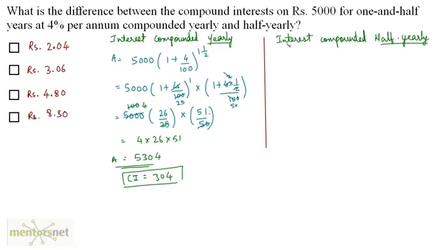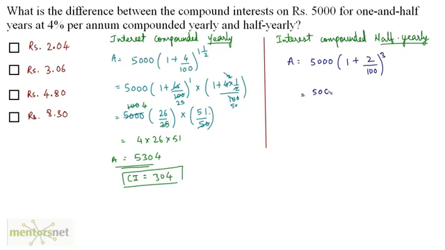Now it's the turn for calculating amount when the compound interest is compounded half yearly. So we have again amount is equal to principal, that's 5,000 into 1 plus, now this is half yearly, so the rate will be halved. So 4 by 2 is 2 upon 100 raised to the time period is doubled when the interest is compounded half yearly. So 1.5 becomes 3.